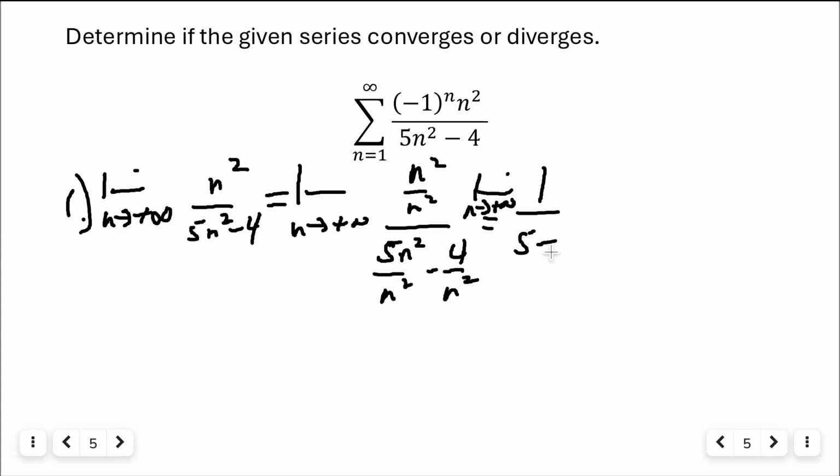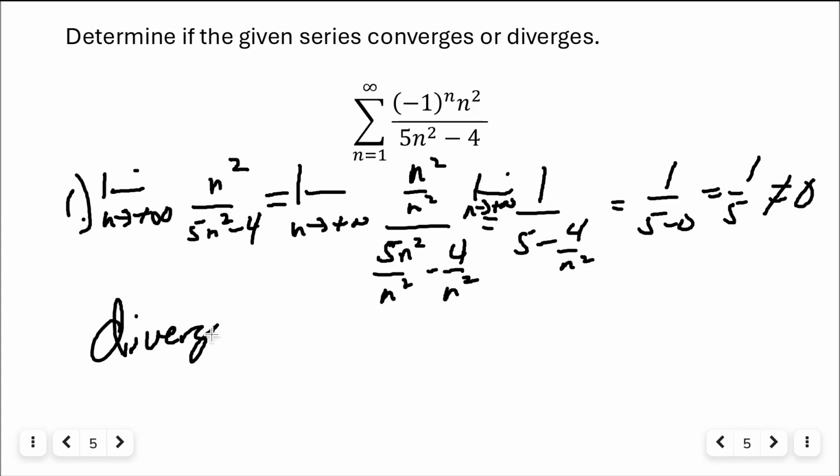So we have 1 over 5 minus 4 over n squared. So that's going to be 1 over 5 minus 0. It's 1/5. But that's not 0. Since that's not 0, this fails this condition of the alternating series test. So this series diverges by the alternating series test.